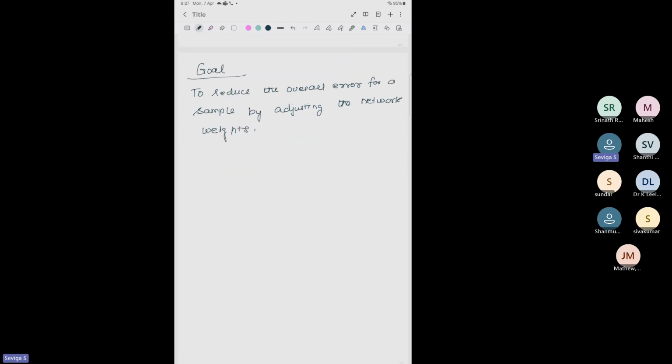In the back propagation algorithm, there are two steps. Step number 1 is called back propagation. Here we will calculate and store a number called delta, which is very important, for every neuron.